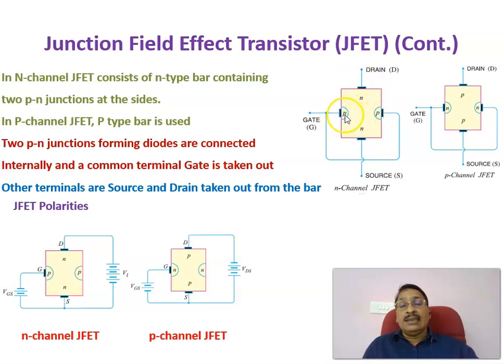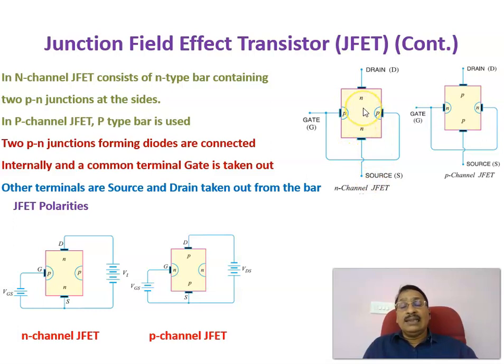In a JFET, P-type material is diffused in the N-type bar. Here both sides have P-type diffused, so two PN junctions are formed, and these two terminals are shorted together internally. That is called the gate terminal. This is the drain terminal, and this is the source terminal.